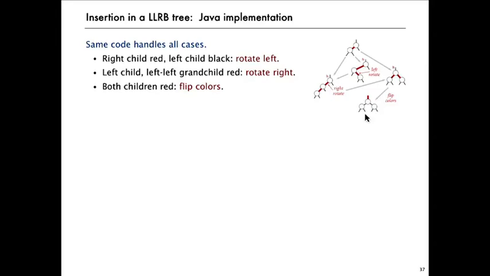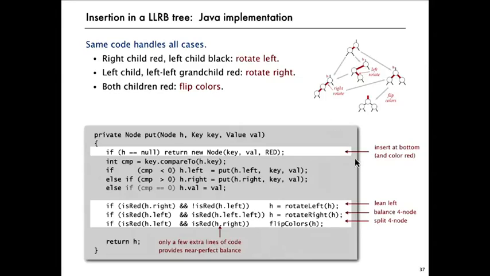So for a particular insertion, we can take advantage of this reduce one case to another in the way that we're moving in the tree to get everything to happen with just a few extra lines of code in our standard binary search tree. So in gray is our standard insertion code for binary search trees.